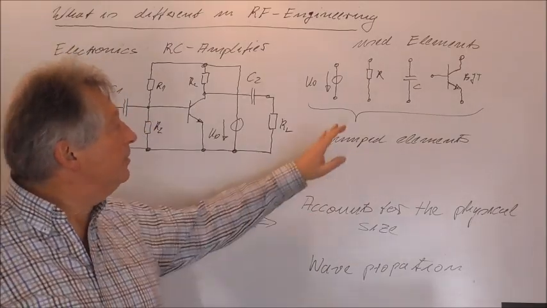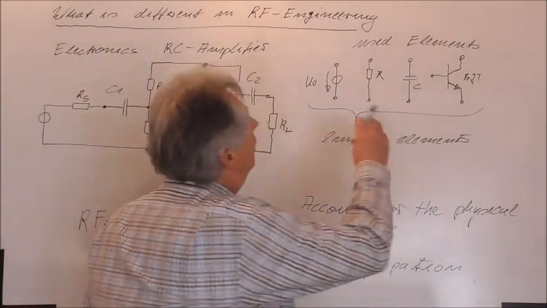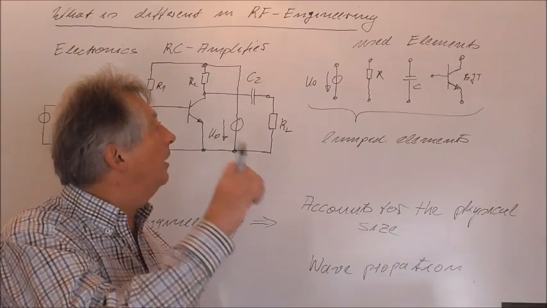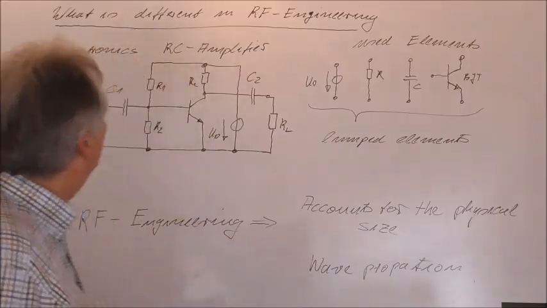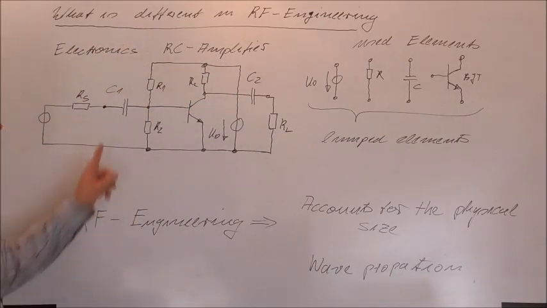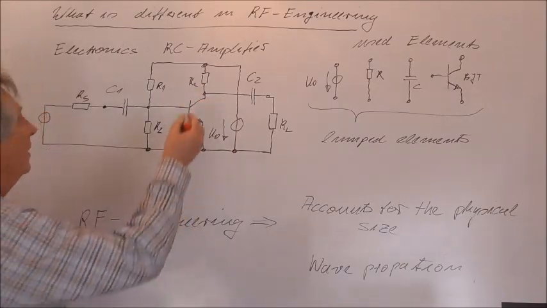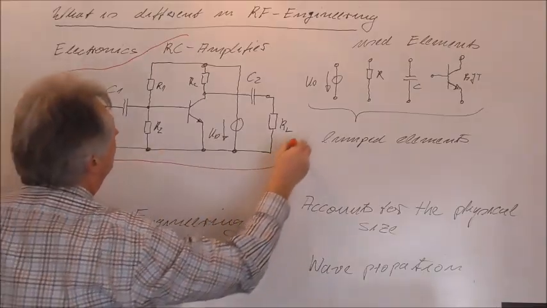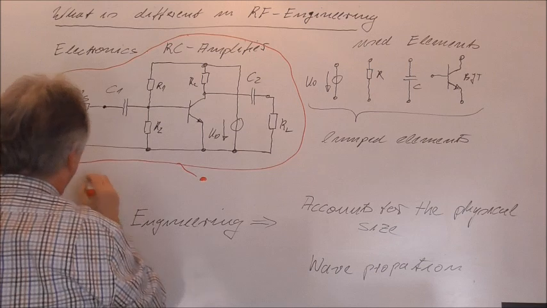In principle, from the physical point of view, this means all these elements are concentrated in a dot in space. So they only occupy a dot in space. So if you sketch a schematic like this, nobody knows in principle what is the size of all these elements, and this RC amplifier from the physical point of view is just a dot in space.